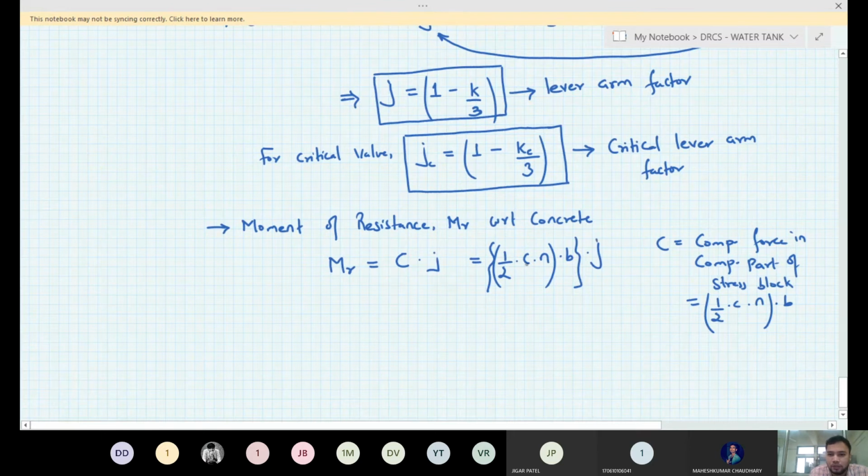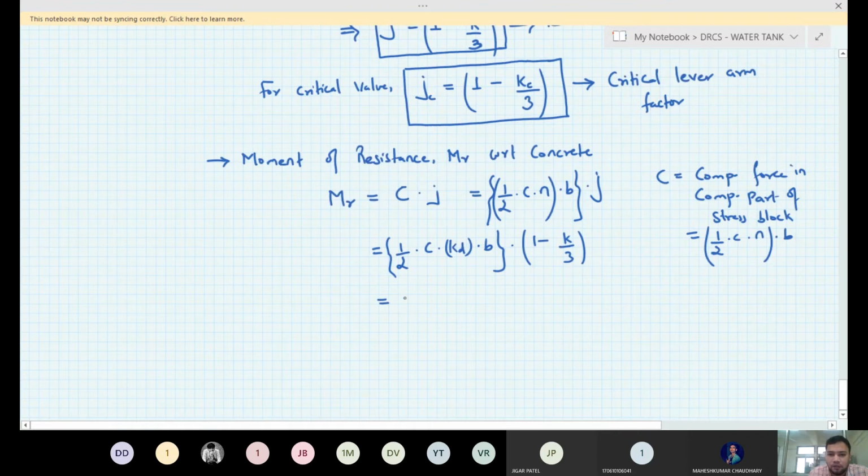Substituting the values of n and J, it will be 1 by 2 into c into n, which is nothing but kd, into B. This is the compressive force, and J is 1 minus k by 3.